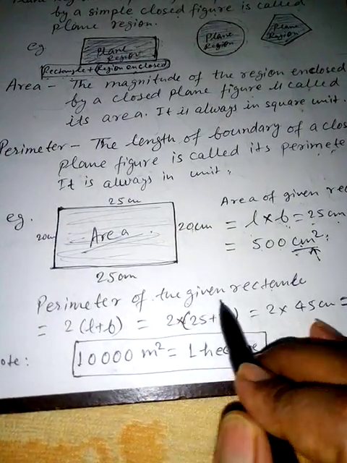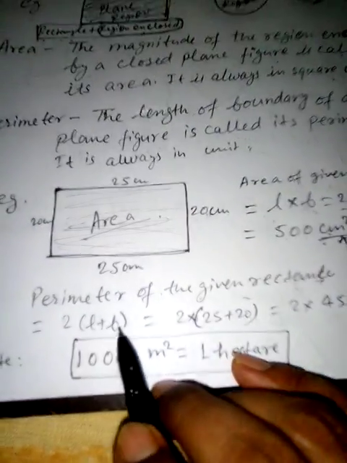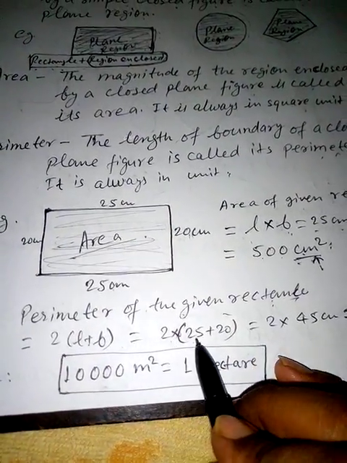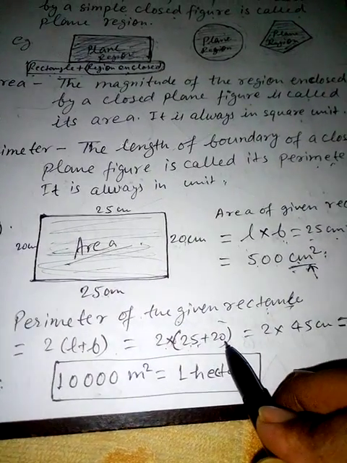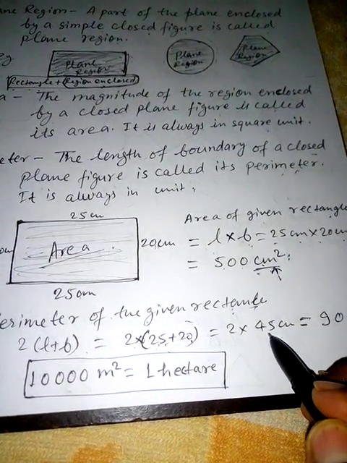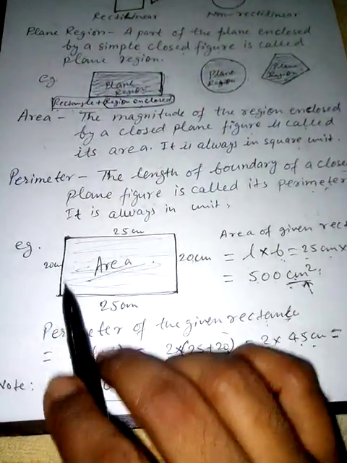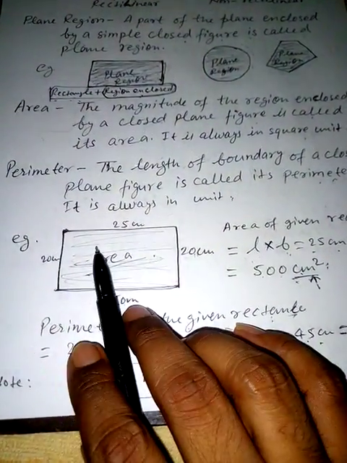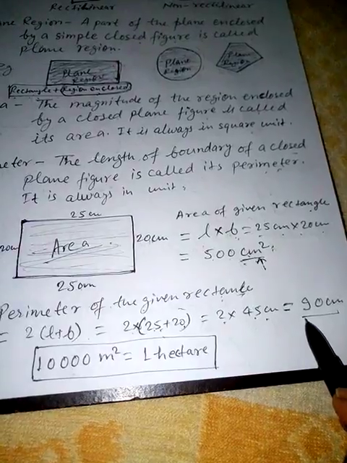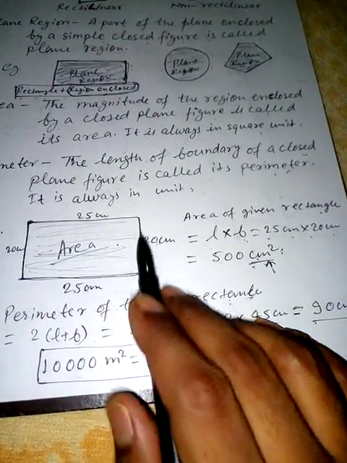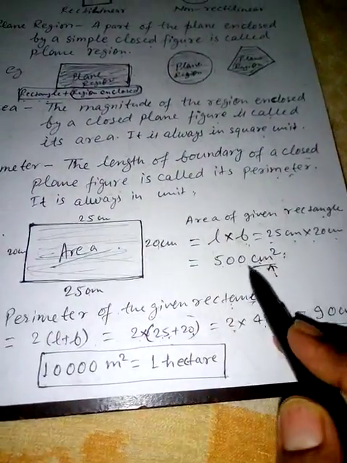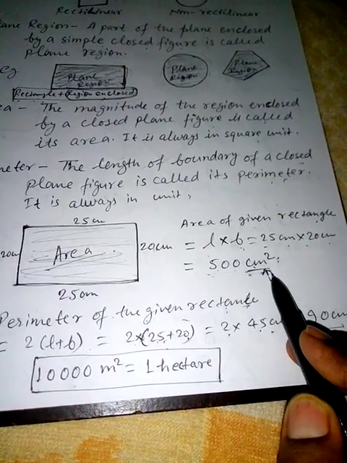So the perimeter of the given rectangle equals 2 into (L plus B). L is 25, B is 20, that is 45, and 2 into 45 centimeter is 90 centimeter. So the length of the boundary is 90 centimeter, and the area enclosed is 500 centimeter square.